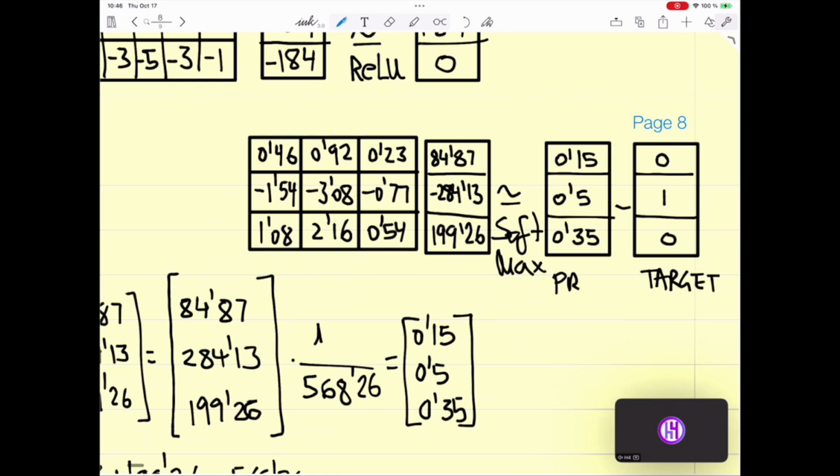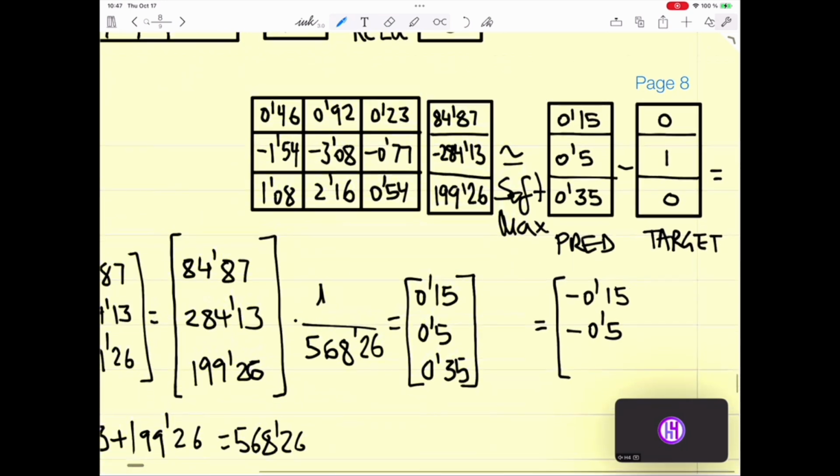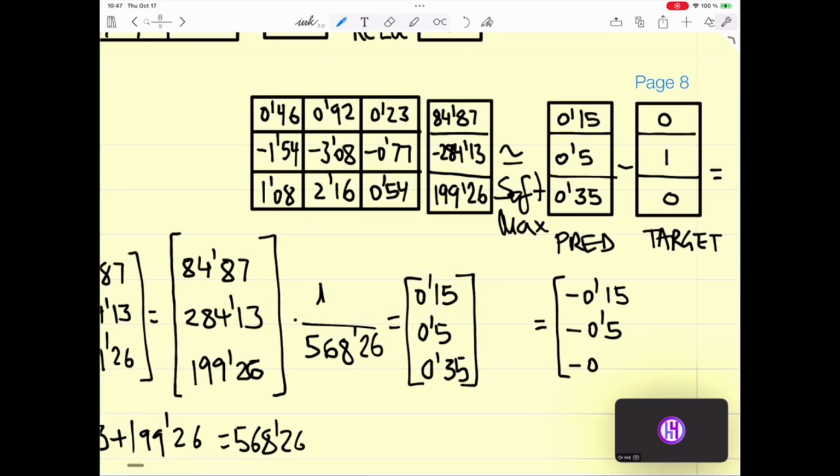This is our prediction. And this means we have minus 0.15, minus 0.5, minus 0.35. This is our error.